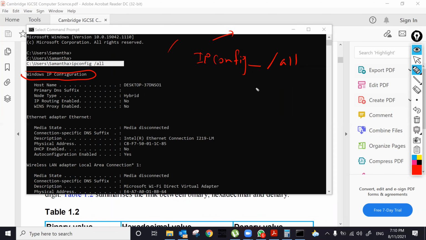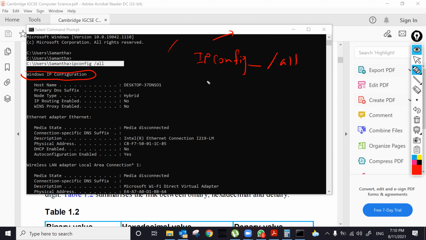You should know why we use these very simple commands. These are very basic commands I am teaching you. This is a kind of practical.